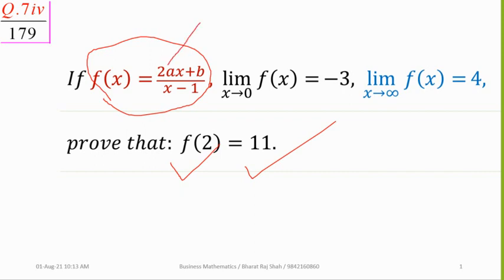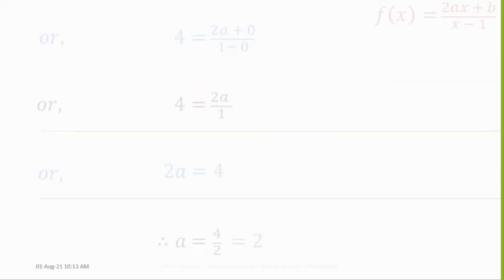The values we have calculated for a and b should be substituted here. After substituting, we shall find the limiting value, which means directly substituting x is 2 and trying to calculate 11. Let's see whether 11 comes or not.